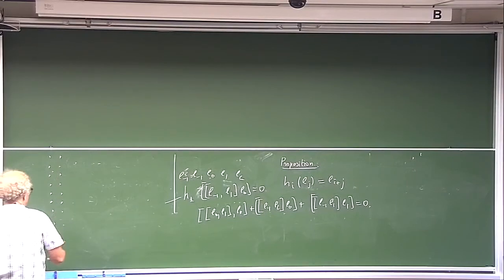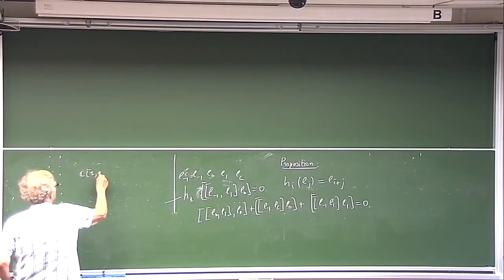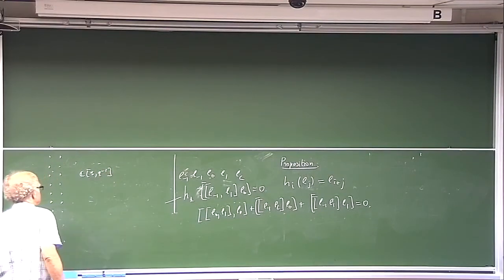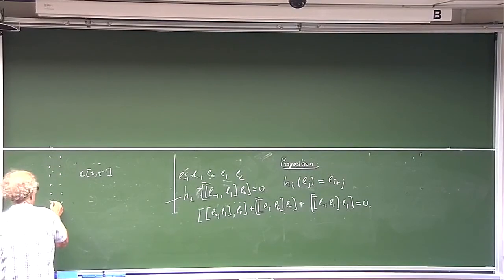First of all, we have C Q inverse, which is important, but maybe I will not use it. But we also have what? So it was the origin here. It was Q squared, Q inverse.